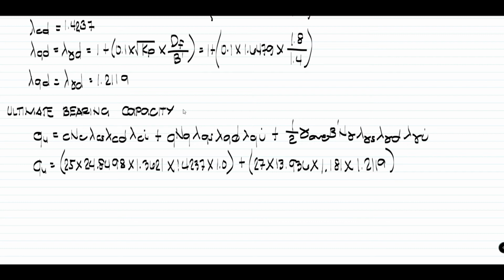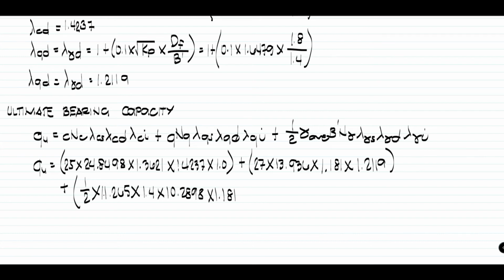So, the next one will be yung third term natin. So, plus 1/2 times, so we have here 11.265 times our B prime, which is 1.4 times 10.2898. Ito yung N gamma natin. Times 1.181.